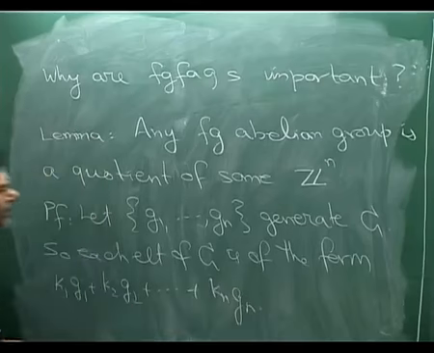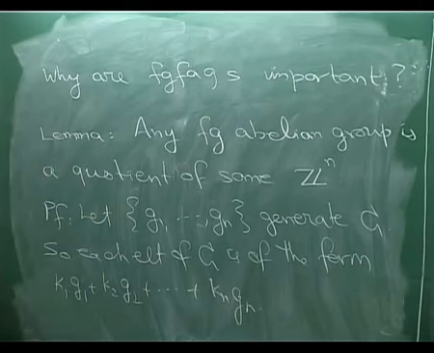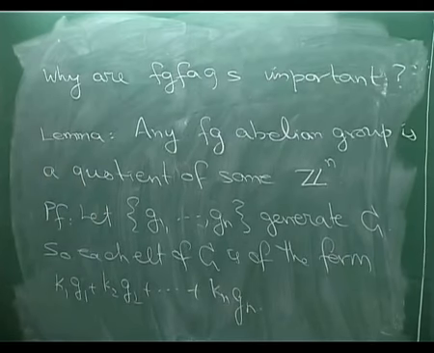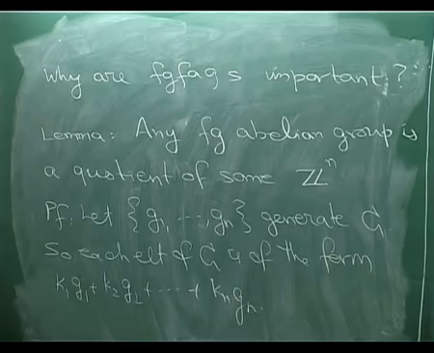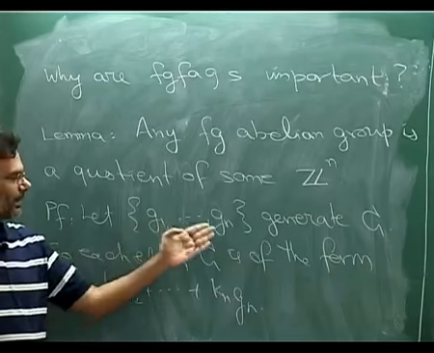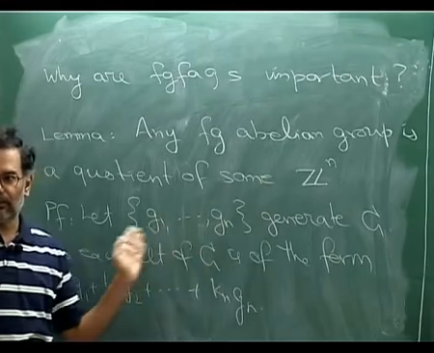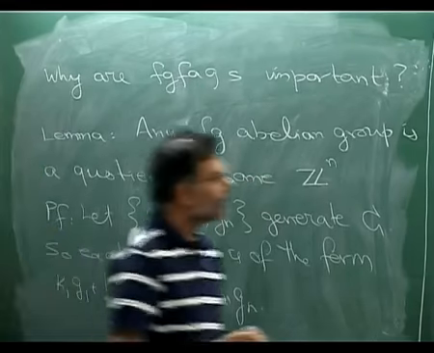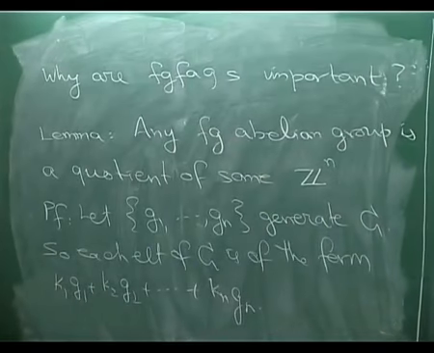Now using this, I want to get a surjective homomorphism from some Zn into G. So which n will I pick? Obviously I should pick the same n as this n. If it's generated by 3 elements, I should pick Z3. If it's generated by 15 elements, I should pick Z15. So the same n I'll take.